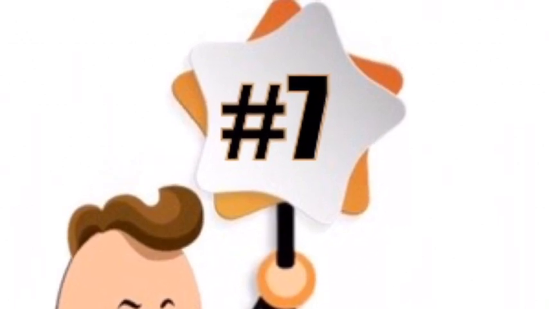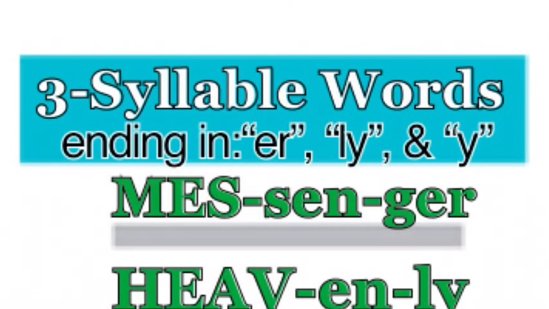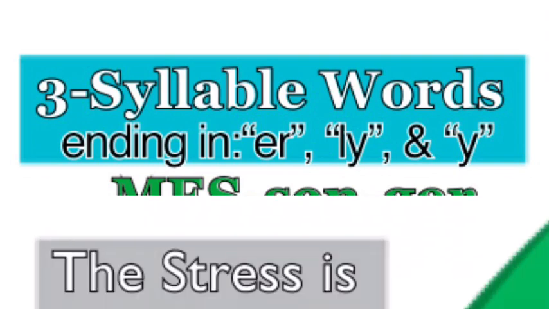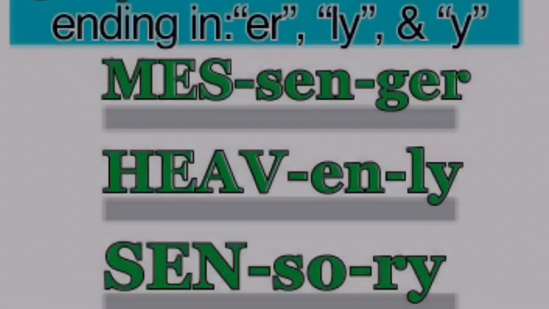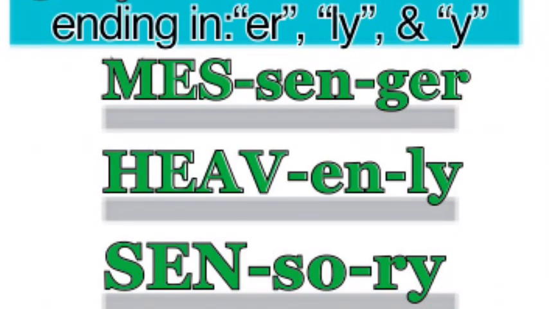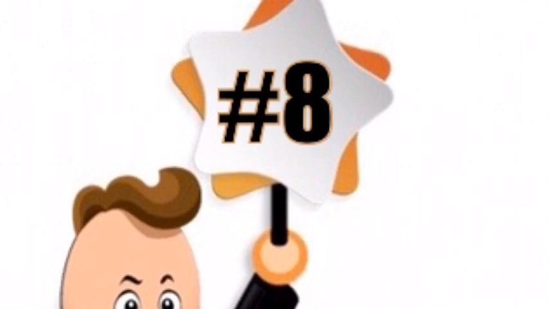Are you ready for lucky tip number 7? For three-syllable words, especially those ending in er, ly, and y, the stress is on the first syllable. Examples: messenger, heavenly, sensory. Tip number 8.